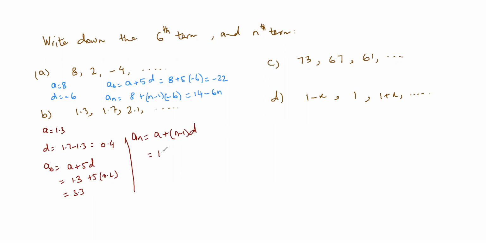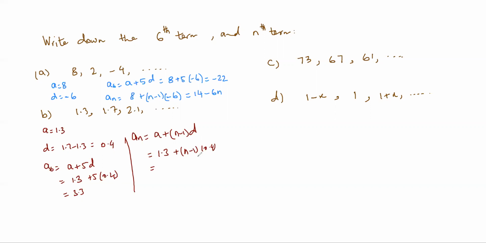So A is 1.3 plus n minus 1 into 0.4. Okay, this is 0.4 here.